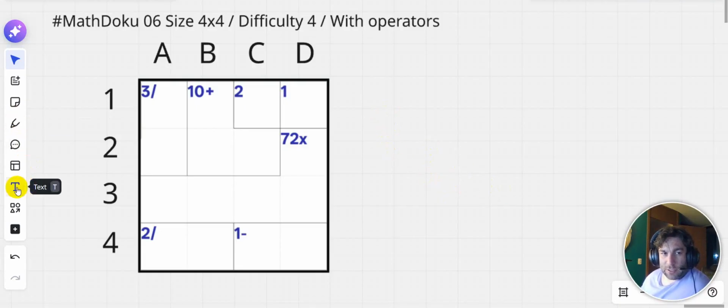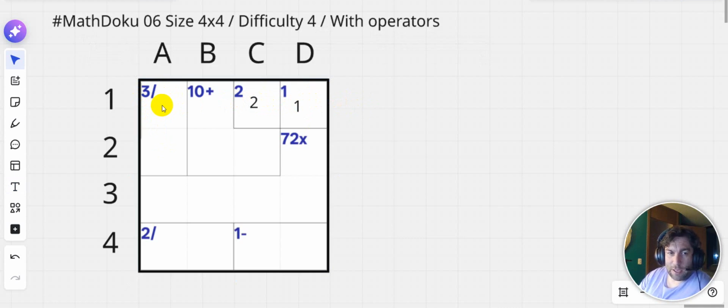As usual, we start with single cells, C1 and D1. Okay, now let's look at cage A1. Two numbers, their fraction is 3.